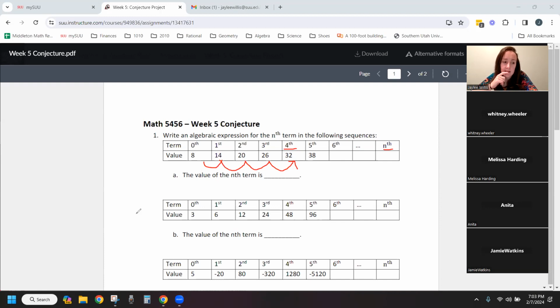Okay, awesome. Thanks, Anita. Samuel, we were just looking at this first pattern. The way that Melissa described it, I'll put it in the chat again: it's 8 plus 6n. Her reasoning was that if you start at 8 and then add 6 however many times to get to the nth term, that describes the pattern we're seeing in that table.